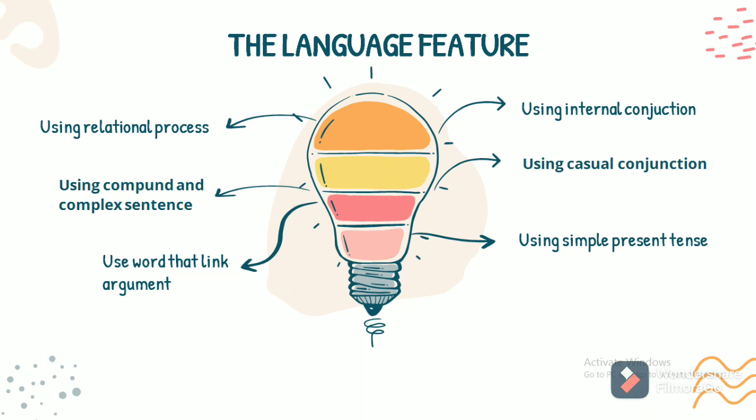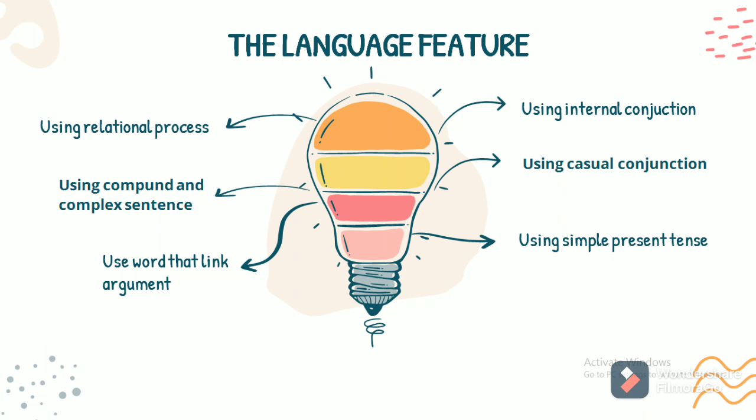Next, the fourth one is using internal conjunctions. Internal conjunctions are conjunctions used to link a clause, phrase, or word to arrange a sentence. The examples are for, and, but, or, so, after, before, when, while, if, otherwise, and etc.